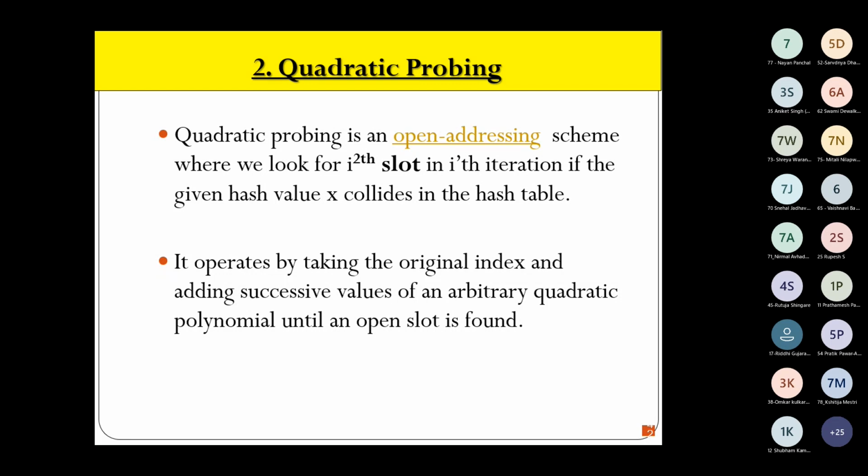Okay, so let us start with quadratic probing. Can you tell me the meaning of probing, which is already known to all of us and we have already discussed? What is meant by probing? To move on to the next, searching. Moving ahead to find out the next free location, right?